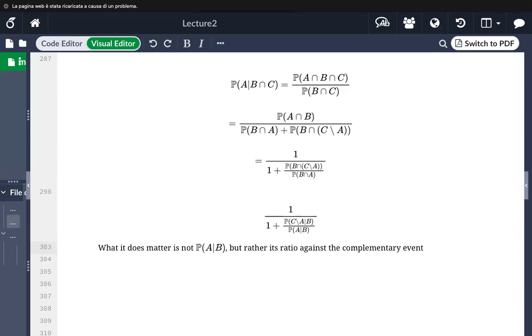Usually they are called the odds. So it matters like this, this ratio here.